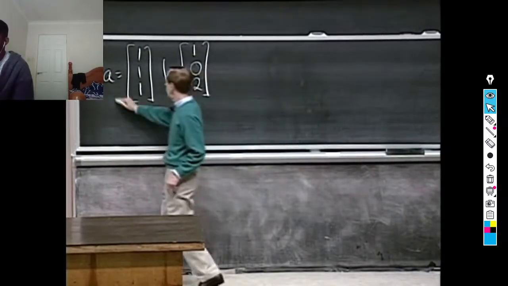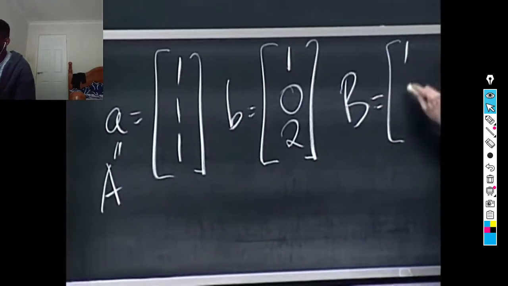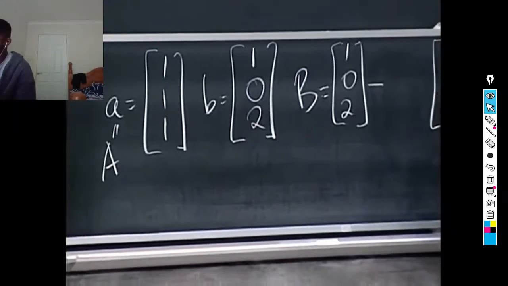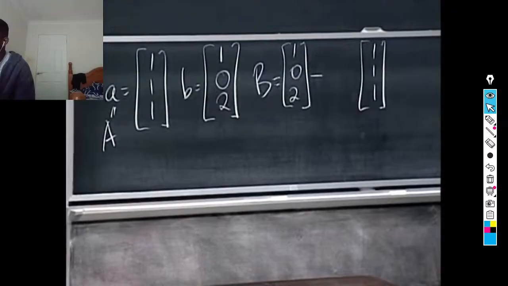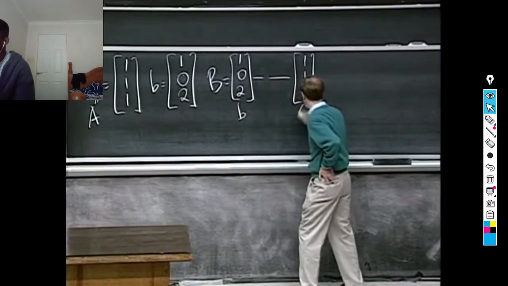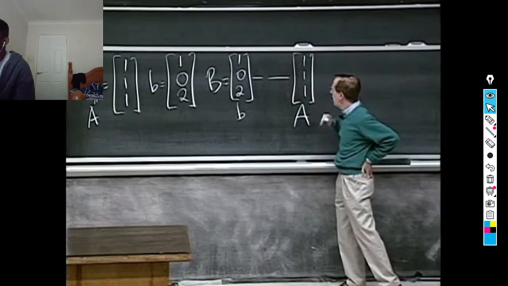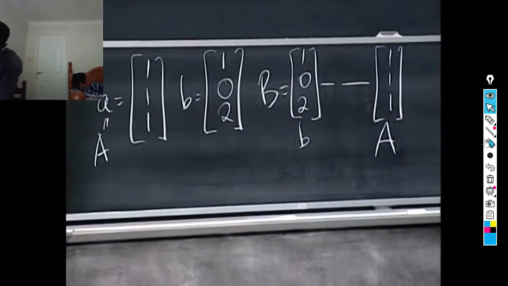So what is capital A? Well, that's the same as little a. That was fine. What's B? So B is the original b, and then I subtract off some multiple of A. And what's the multiple? I want to multiply A by the right ratio, A transpose b over A transpose A. What is A transpose b?